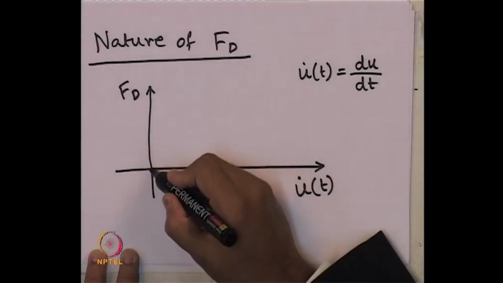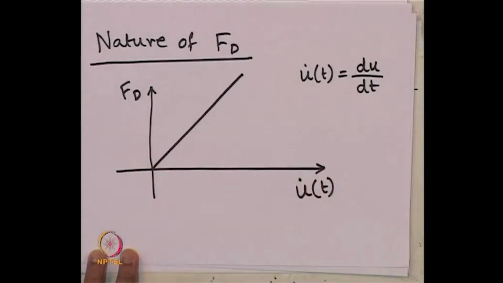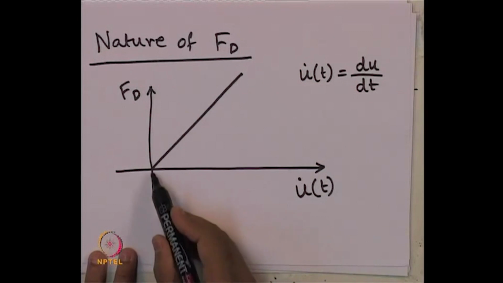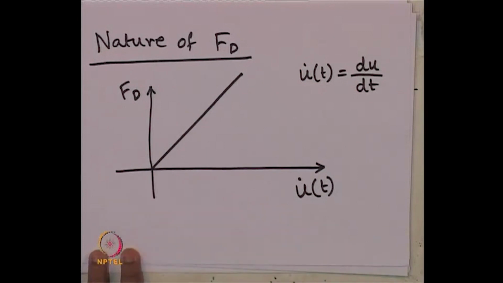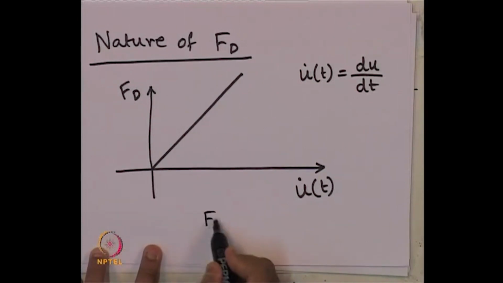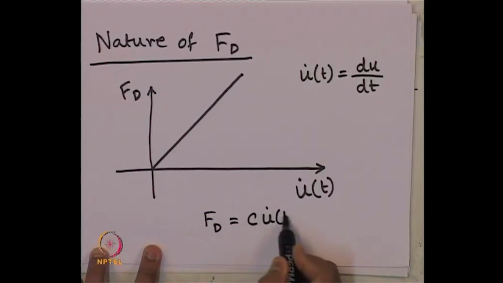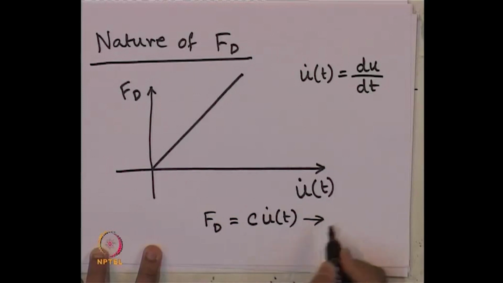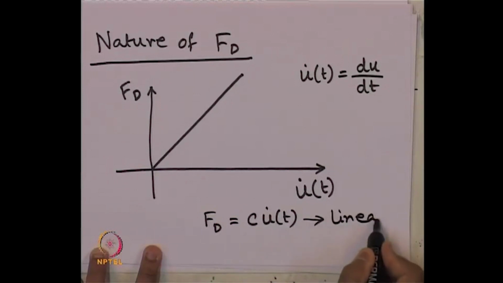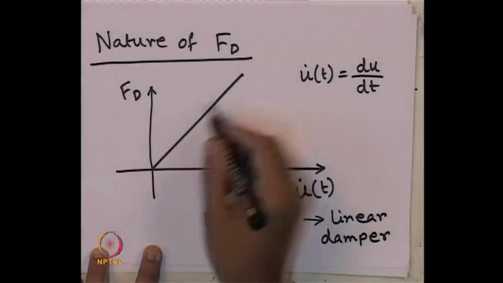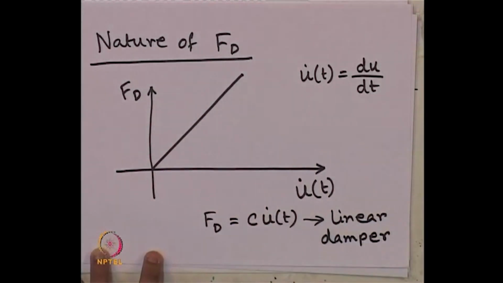It can vary like this, that is linear starting from this 0 point. In that case, we write f of d equals to c times u dot t, which is valid for linear damper once again. If it varies with this linear relationship of the damper force with respect to the velocity, then the slope of this line is nothing but the damping constant or damping coefficient.